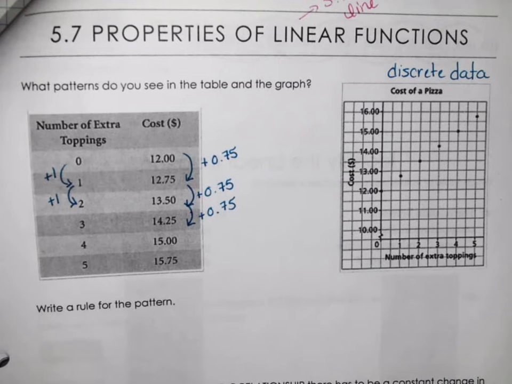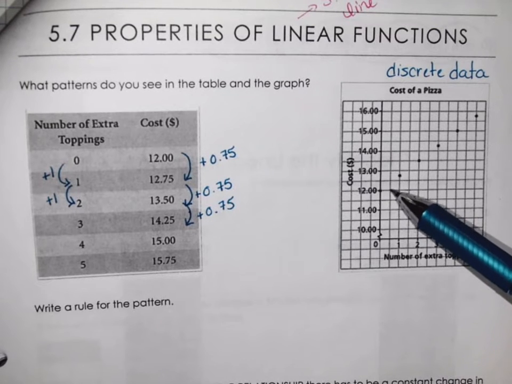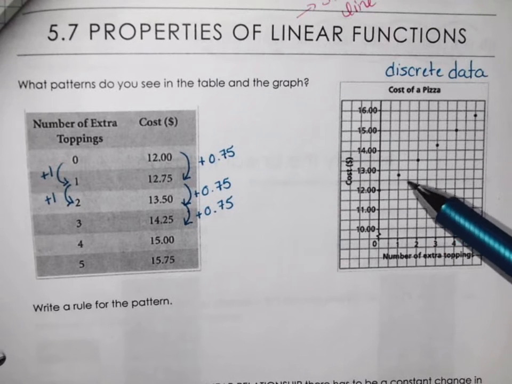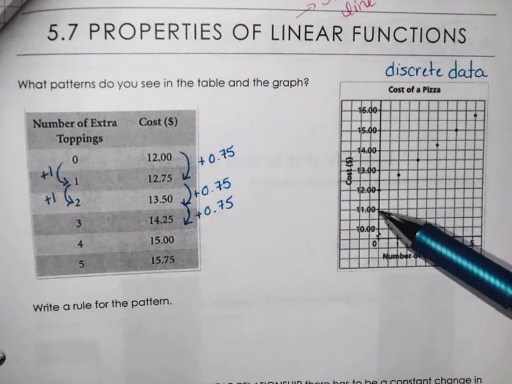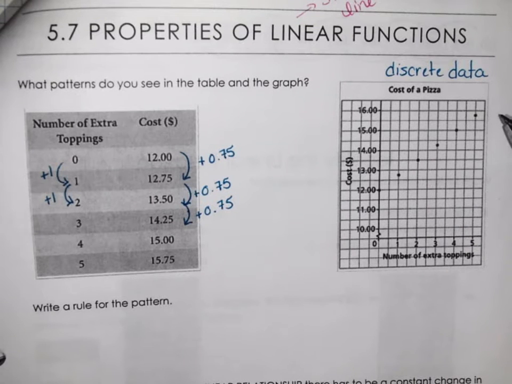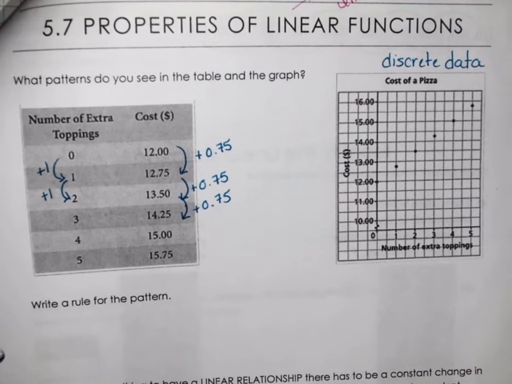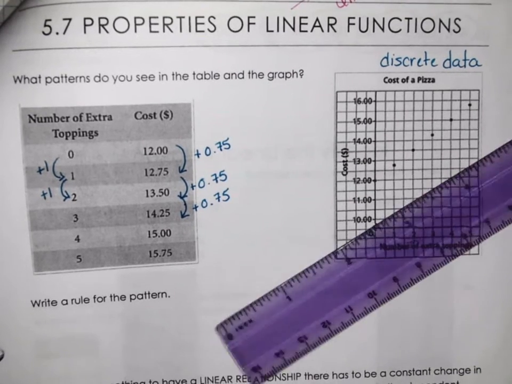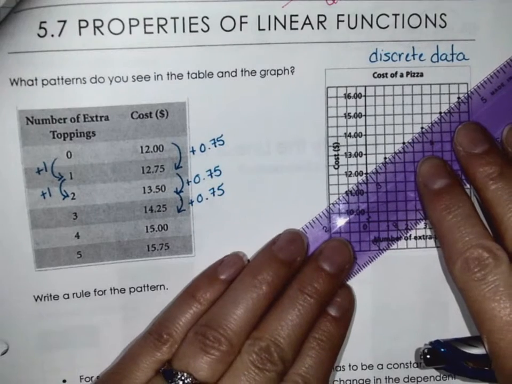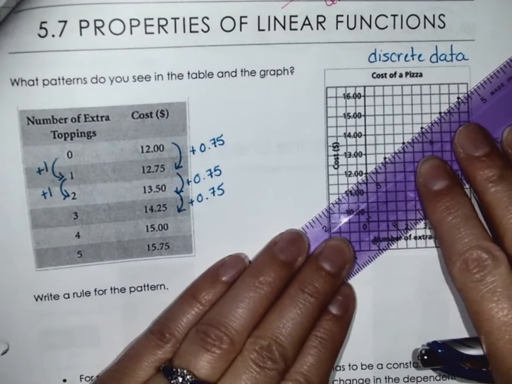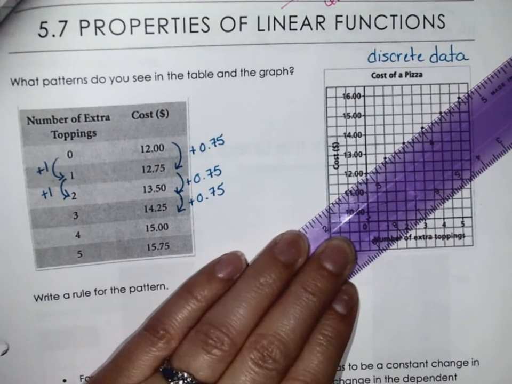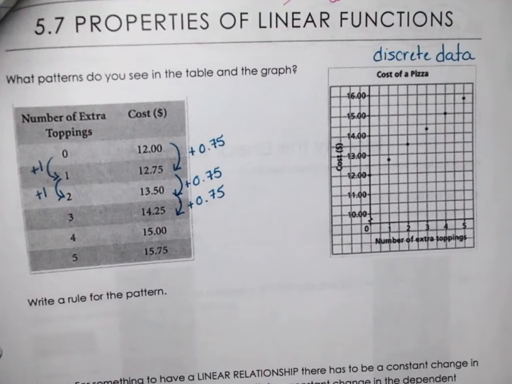And what does that result in when we look at this? Is this linear data? Is that in a straight line? Yeah, it is. Are they connected? No, but that's because of the type of things that we're measuring here. But if I were to lay a ruler over it, does that follow a straight line? Yes, it does. So this is linear data as well.